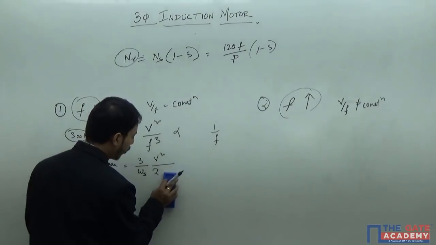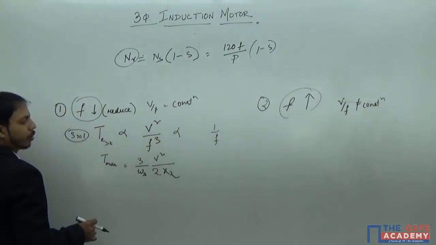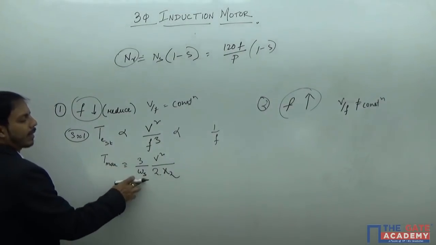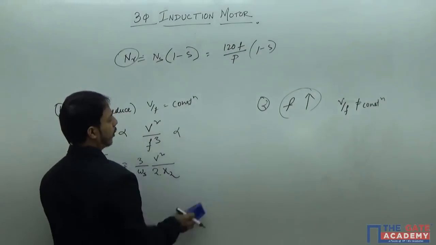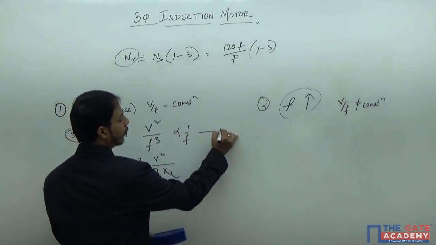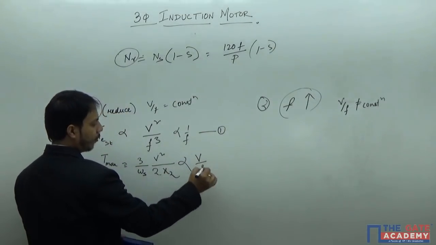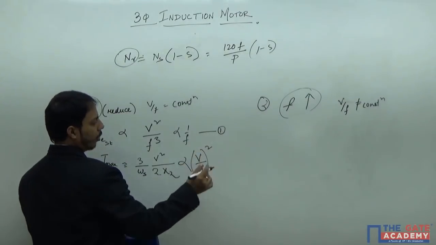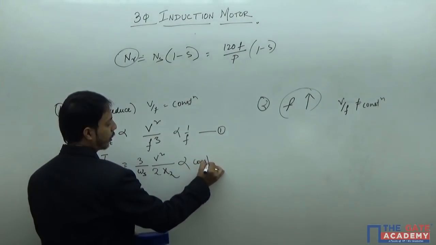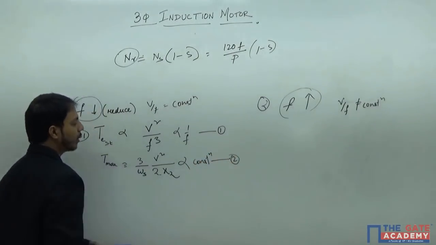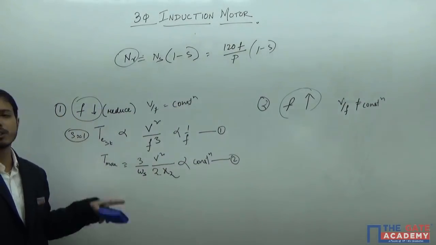So instead of writing R2 by S, I can write X2. So this is my maximum torque value at the maximum case. So this is 1 by F, and this is V by F whole square, which is constant. That means my T max is not going to change if I keep V by F constant and reduce the frequency.